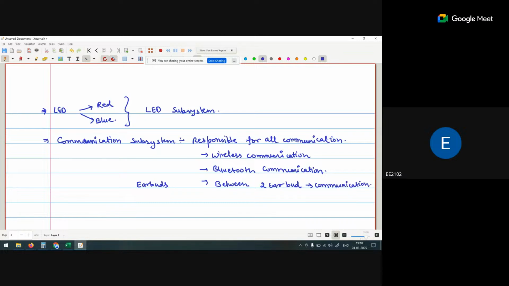How are these two earbuds connected? One earbud is connected with the mobile phone and the second earbud is connected with the first earbud. So particularly one earbud will be used as a junction between the mobile phone and the second earbud. This type of communication is also done by the communication subsystem.